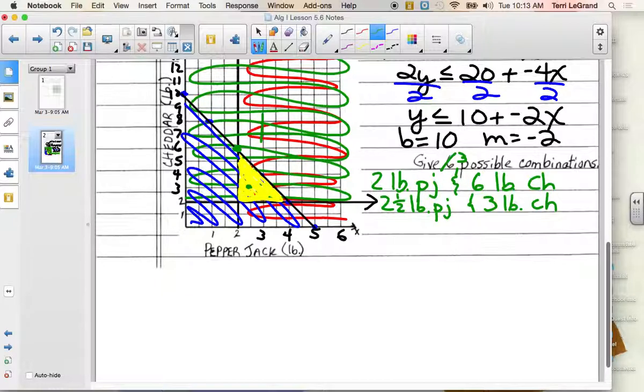Okay, one more. I cut it down to 3. Todd. 3 pounds of pepper jack and 3 pounds of cheddar. Okay, 3 pounds of each. That would be this point right here. So 3 pounds pepper jack and 3 pounds cheddar. Okay. So now, do you think you can do these application problems better? Yeah.